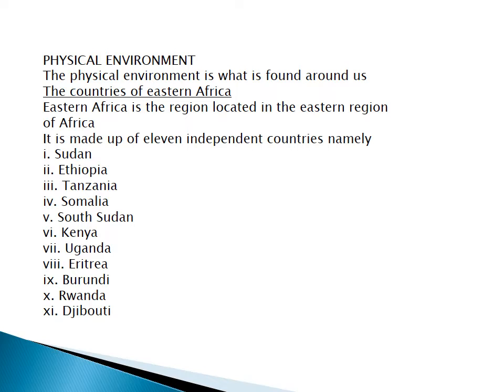It is made up of 11 independent countries, and those countries are Sudan, Ethiopia, Tanzania, Somalia, South Sudan, Kenya, Uganda, Eritrea, Burundi, Rwanda, and Djibouti.